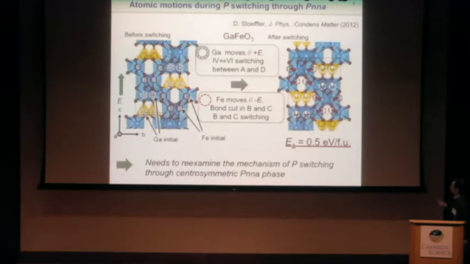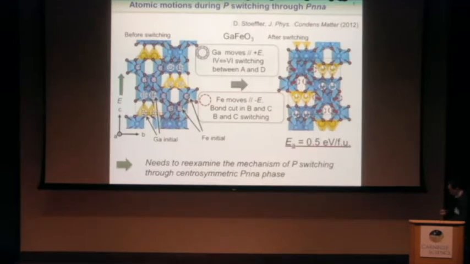This is the most important issue of this model. And this is based on the intermediate phase of Pnna. If you use this intermediate phase, the activation energy reaches 0.5 electron volt per formula unit. And maybe this is very large compared to the conventional type of ferroelectric material of barium titanate and lead titanate.